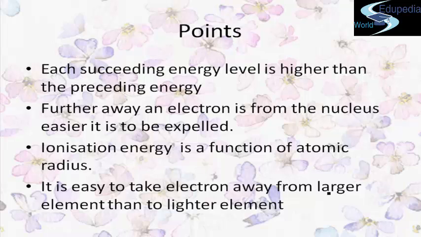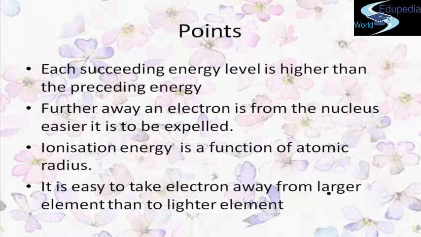When the atomic radius is large, the attraction of the electron to the nucleus is less than in an atom with a smaller radius. It is easier to take an electron from a larger element than a smaller element.